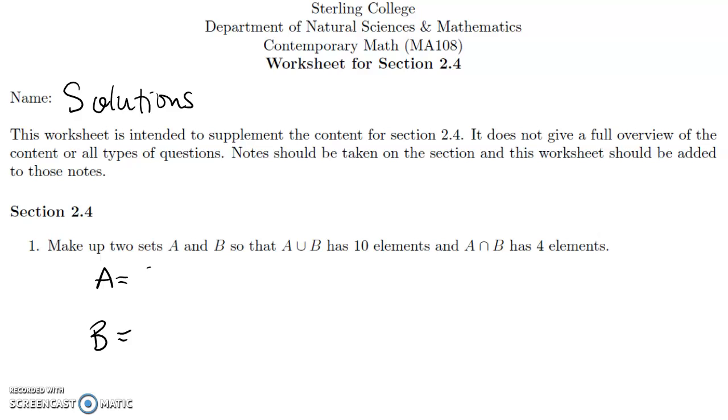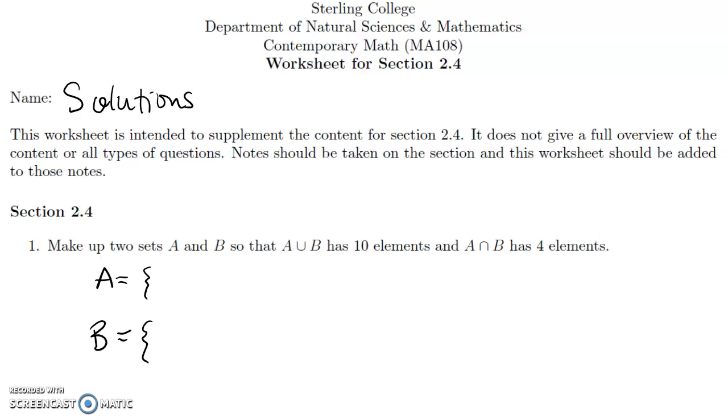Now, if we think about it, we have to think about what those two things are. The union says when you lump or group the entire two sets together, the new set you get will have 10 elements. So between the two, we should have 10 unique elements total. The intersection is the overlap between the two sets. So we need to have 4 elements that show up in both of the sets.